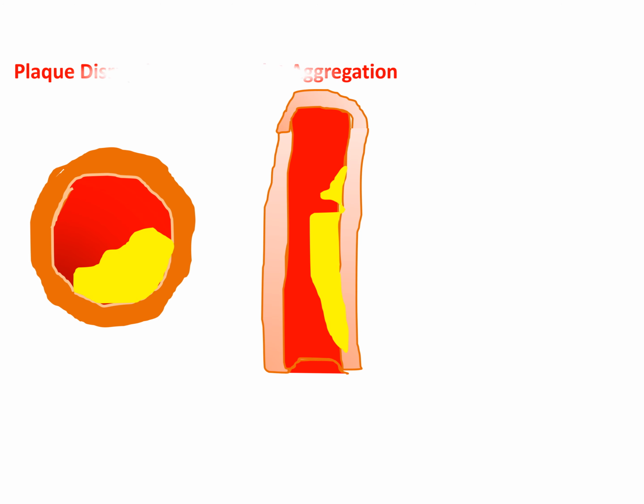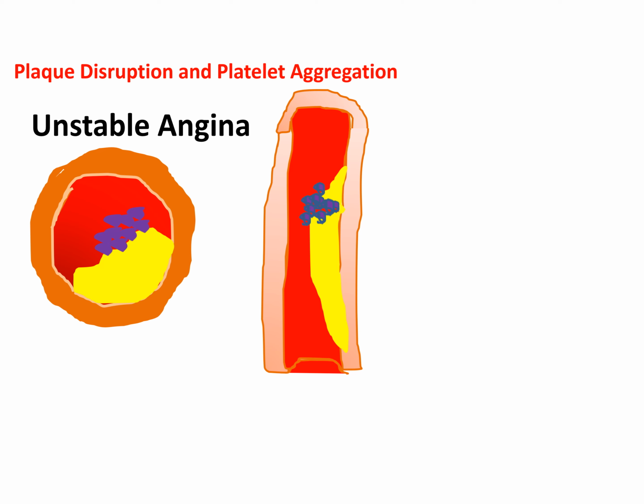Here I am drawing a coronary artery, and here you can see the plaque that has ruptured and is starting to have platelet aggregation. Now, this condition leads to what we call unstable angina. Here we have two possibilities.